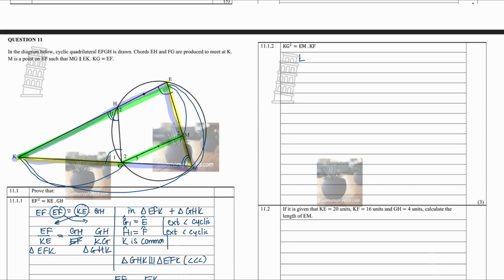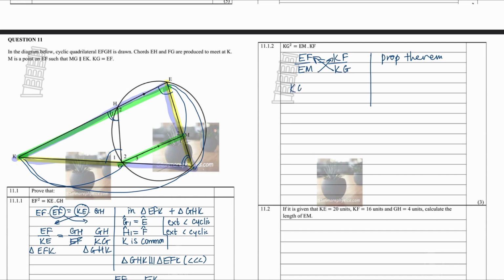So EF divided by EM is going to equal KF divided by KG. Now I can switch this around. Well, the reason here would be the proportionality theorem. Then I can switch this and this.